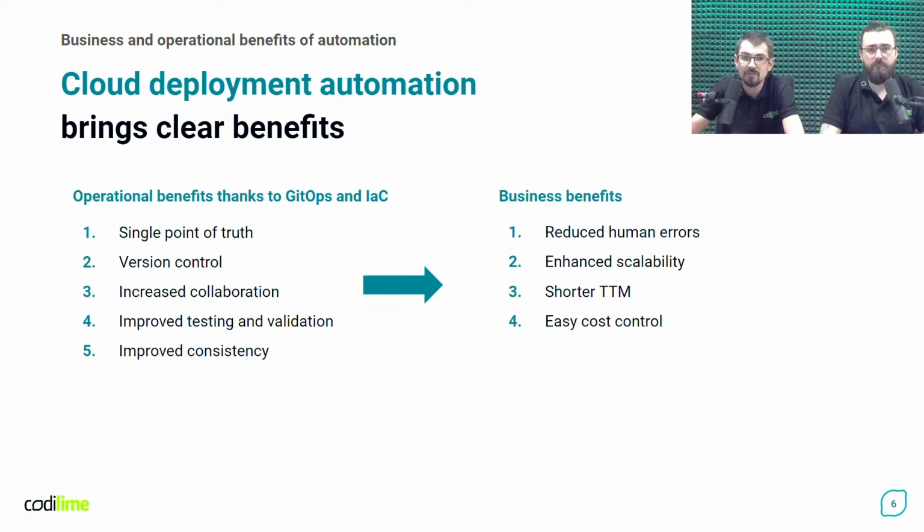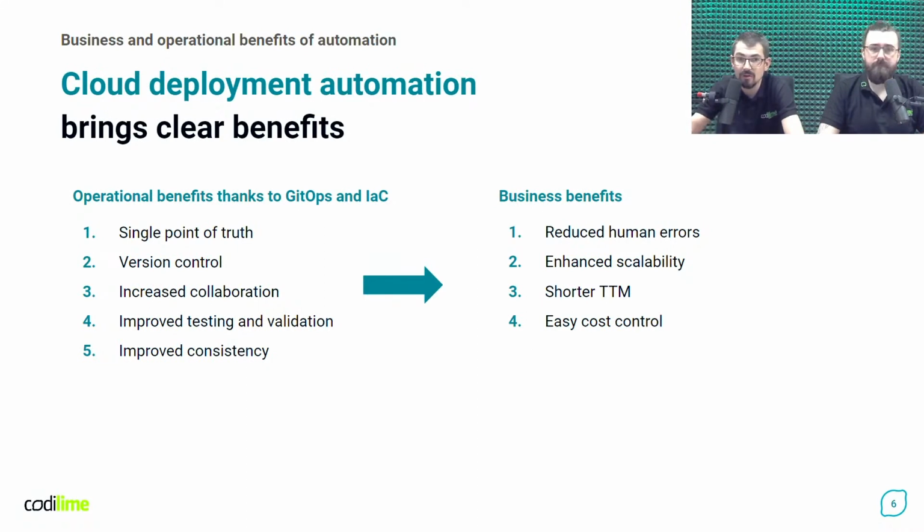We increase the collaboration between different team members by implementing by design a process of reviews and approvals thanks to Git repos. And we enable automation of testing and validation and improve the overall consistency of configuration of the whole install base.